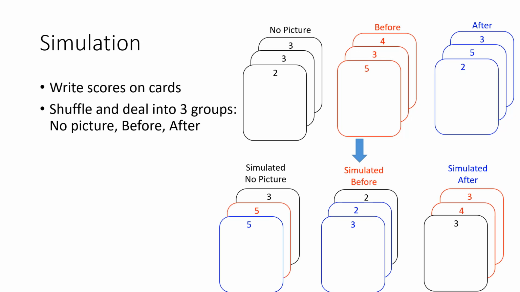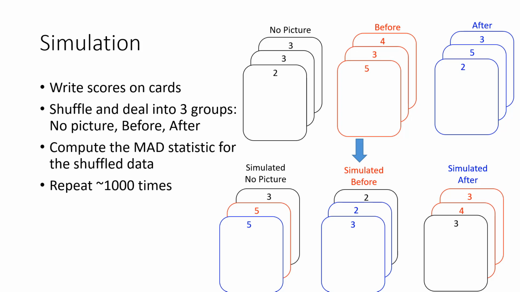We shuffle up the cards and deal them randomly into 3 groups: a simulated no picture group, a simulated before picture group, and a simulated after picture group. So because we shuffled the cards, there's no relationship between the numbers written on the cards and which pile they ended up in. Then we'll compute the statistic for the shuffled data, and for this type of test, the statistic we'll use is called the MAD statistic. We'll talk about that more in a moment. And repeat this a lot of times, say 1,000.